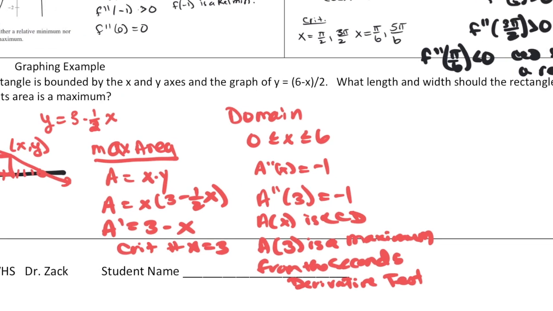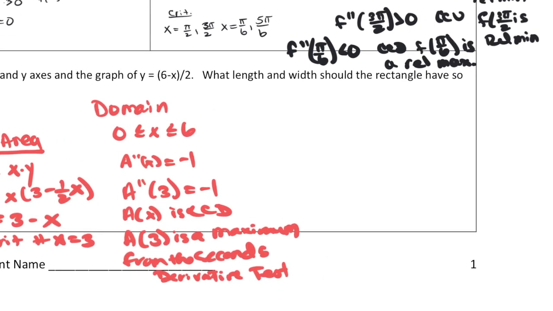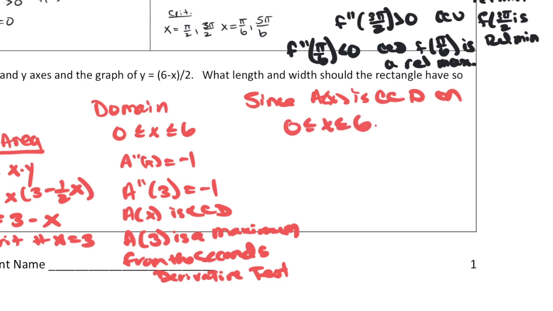Now, if you want to show that you have an absolute maximum, you want to talk about the interval. So, since A of x is concave down on the given interval 0 less than or equal to x less than or equal to 6, the maximum area occurs at x equals 3, y equals 3 over 2.